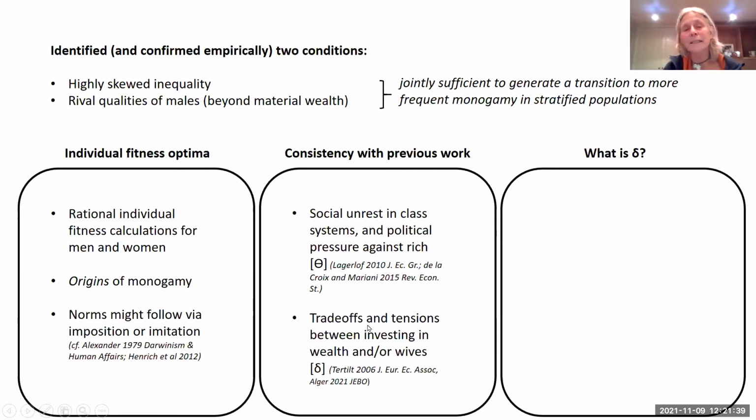And there's also consistency with economic work focusing on the trade-offs and tensions for a man between investing in his production or his wealth and in his wives. This was originally developed in papers by Tertilt, and has been picked up in a nice recent paper by Ingrid Alger just a few months ago.